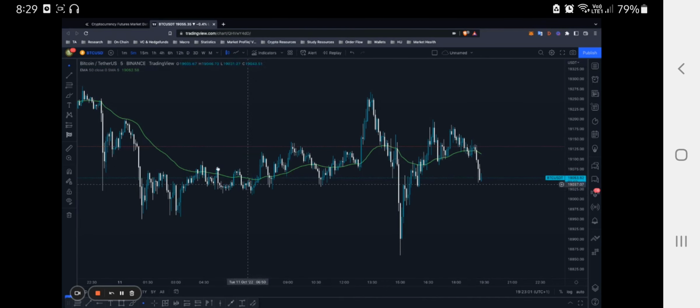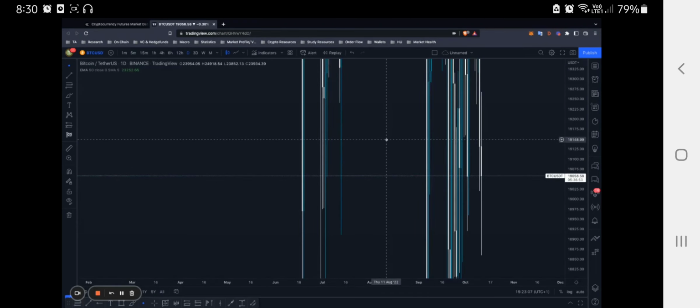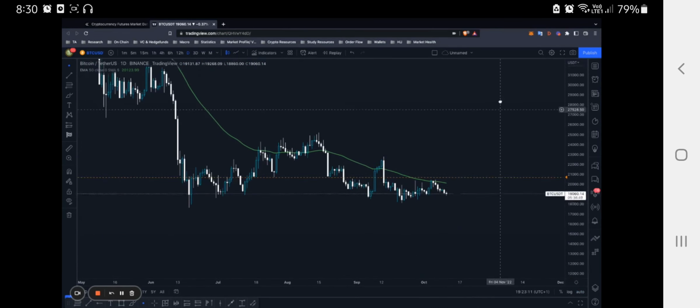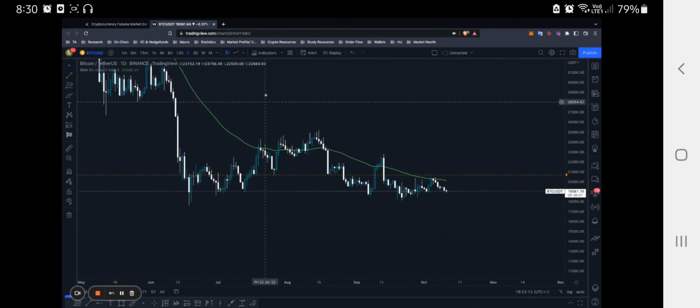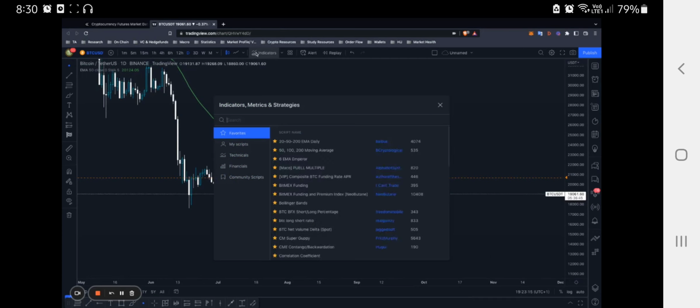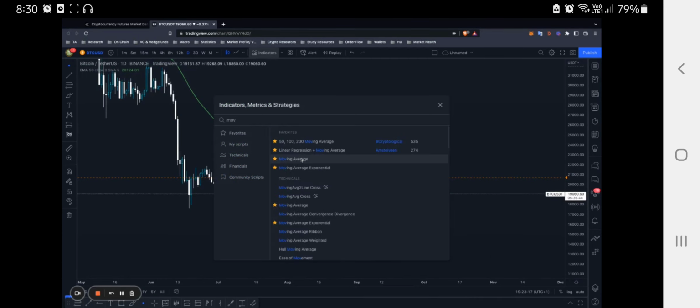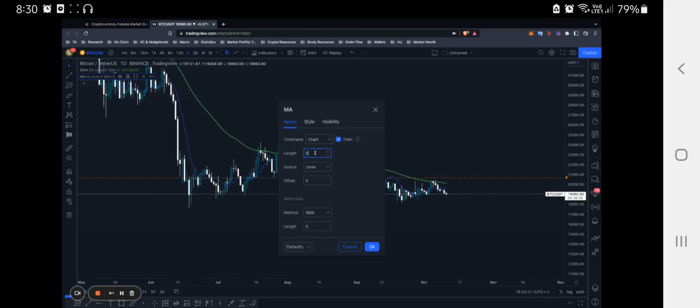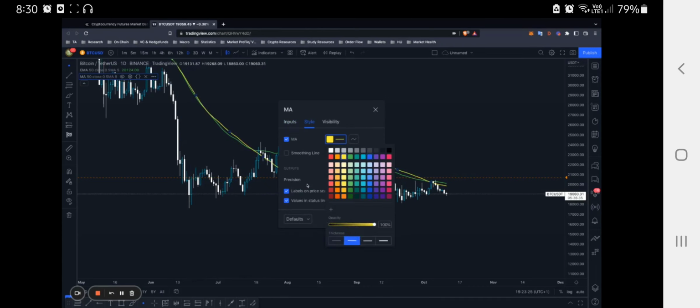I've just removed the SMA and I've left the EMA. If we go to a daily chart, you'll see it's still there. It's still just as relevant. So what's this doing versus the 50-day moving average? In fact, I'll keep the moving average for 50-day on. 50, make it yellow again.